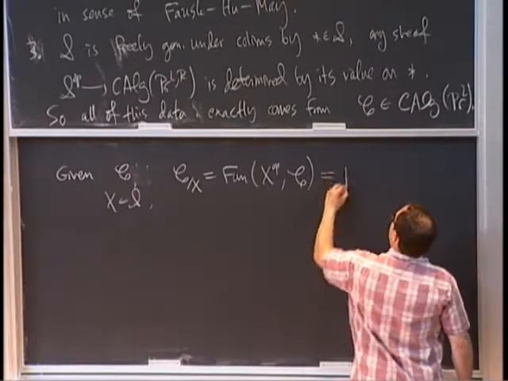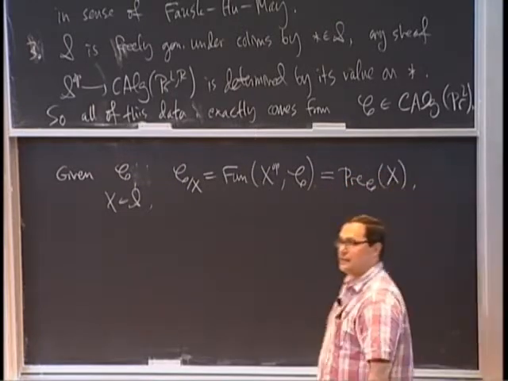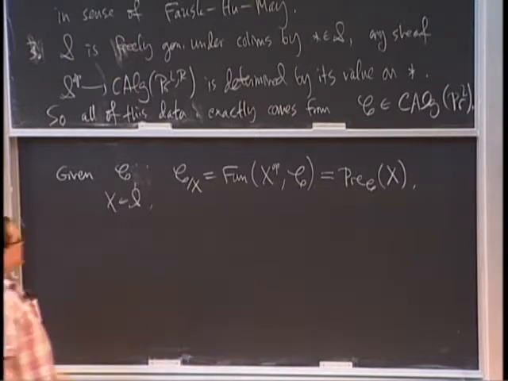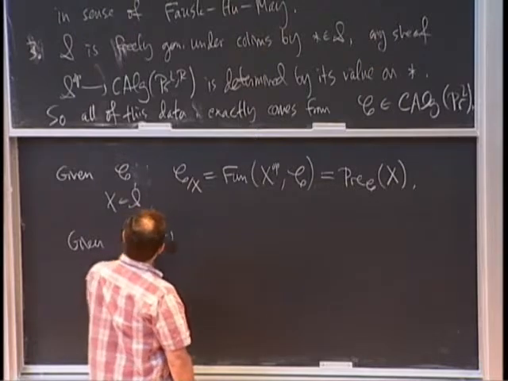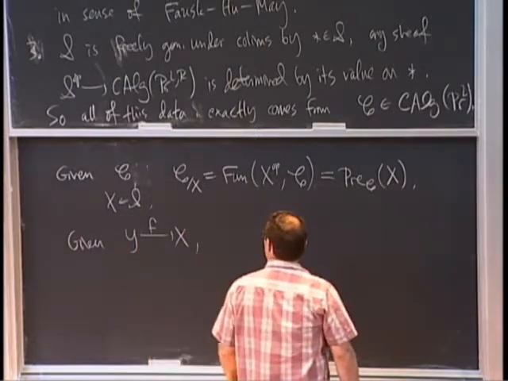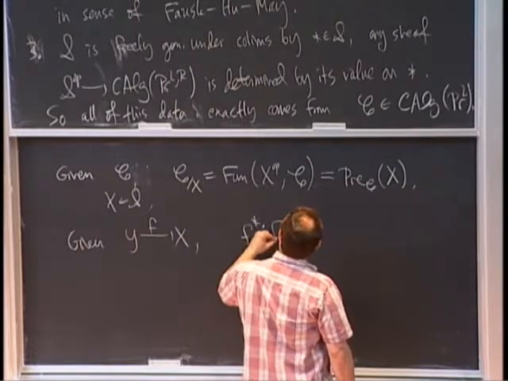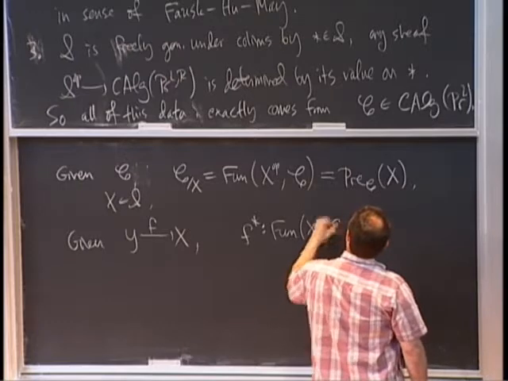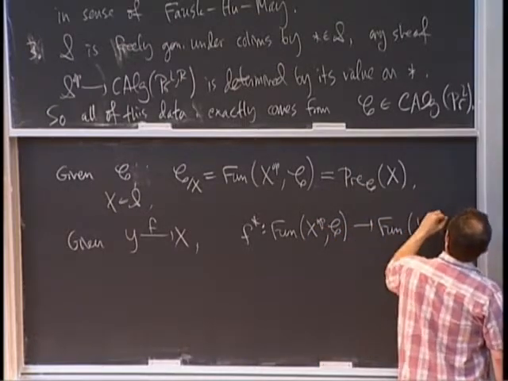But I want to write it this way so I can think of it as C-valued presheaves on X, just as a handy mnemonic. And then, of course, given a map f from, say, Y to X, I have the restriction from functors from X^op into C to functors from Y^op into C.